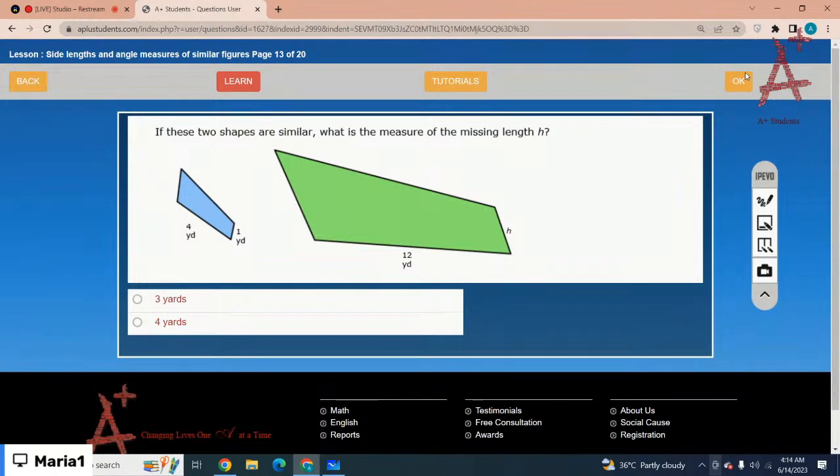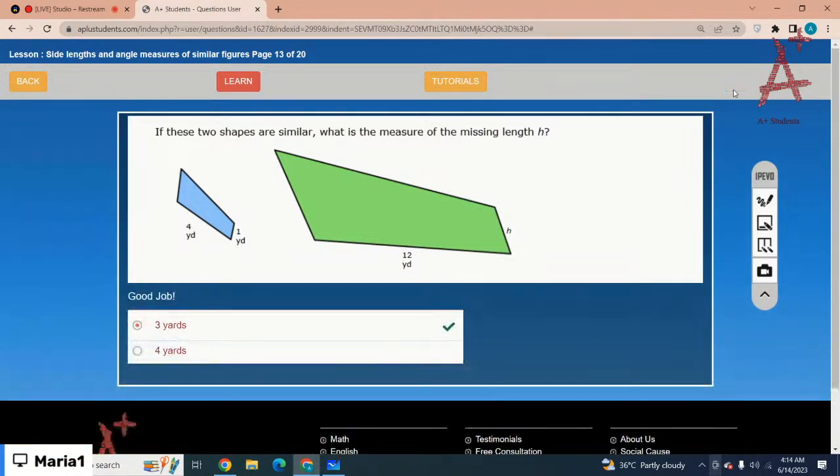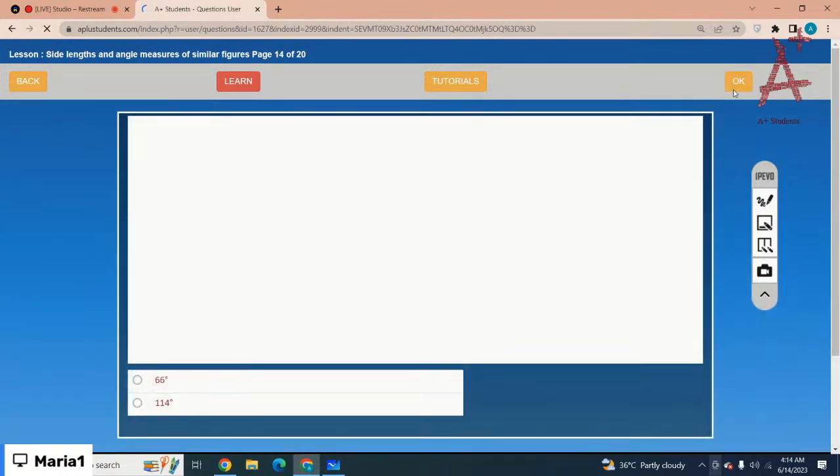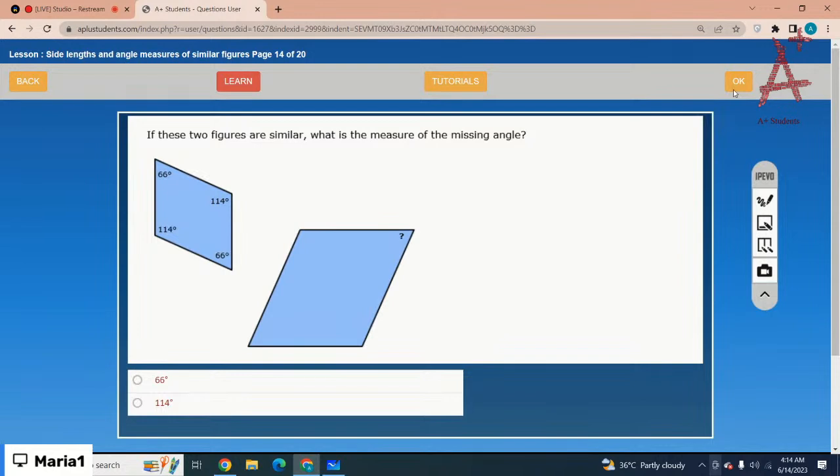It would be 3 yards, not 4. You guys are guessing the answers. I've already asked you to calculate the values, not to guess.